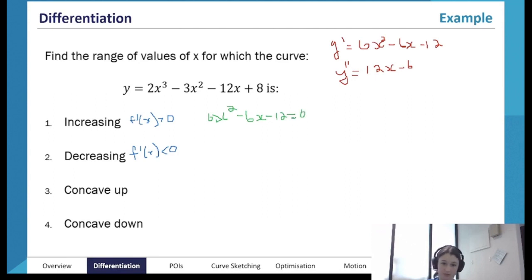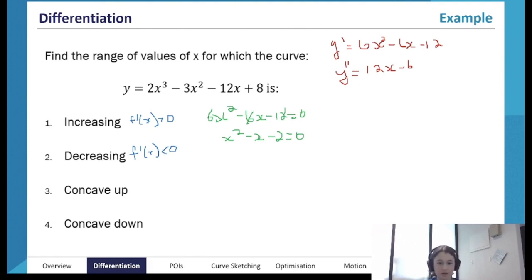Because it's equal to 0, we can cancel these. So we're going to get x squared, take x, take 2. So this is a pretty simple quadratic. You would be able to solve this using your ACB method or by completing the square.